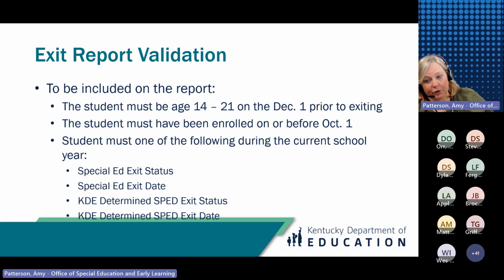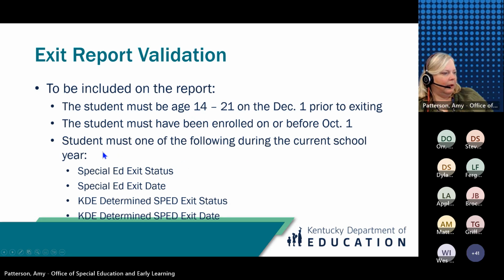So they had to be 14 years old. So if they're 14 when they exit, but they were 13 on the previous December 1, they won't be on that report. The students have to be enrolled on or before October 1st. This used to be, until this year, they had to be enrolled on the first day of school in your district, but we've changed it to be on or before October 1st.